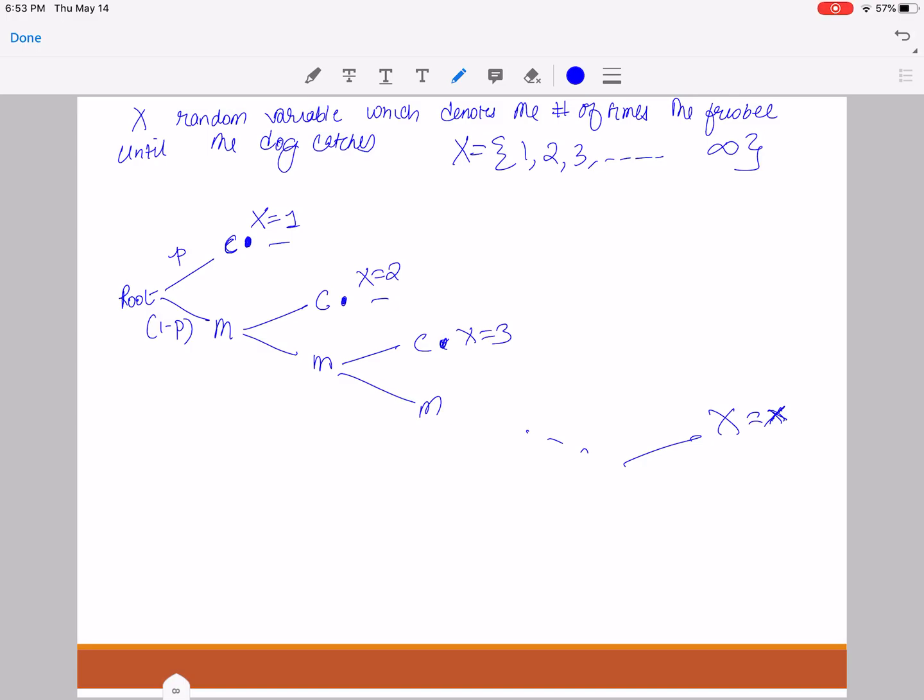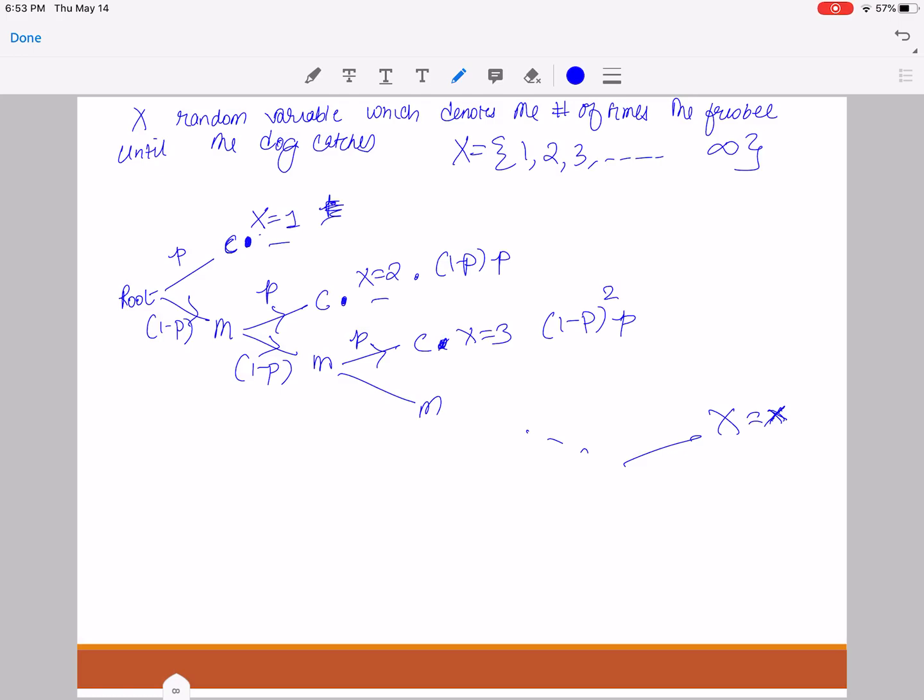So the probability of this particular leaf is p. The probability of this leaf is 1 minus p times p. The probability of this leaf right here is 1 minus p times 1 minus p times p, which is equal to 1 minus p squared times p. So notice what's happening.